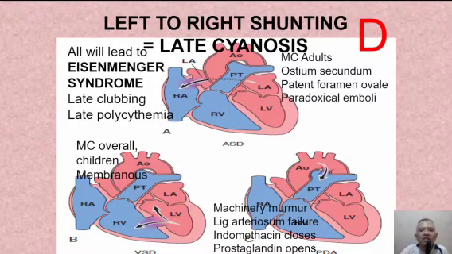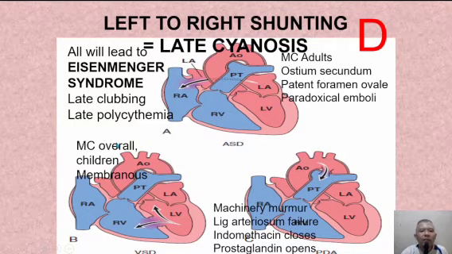For left to right shunting, or late cyanosis or non-cyanotic, we have three examples: ASD, VSD, and PDA. The most common type of ASD is ostium secundum, and it's most commonly found in adults. For all types of left to right shunting, we have paradoxical emboli.